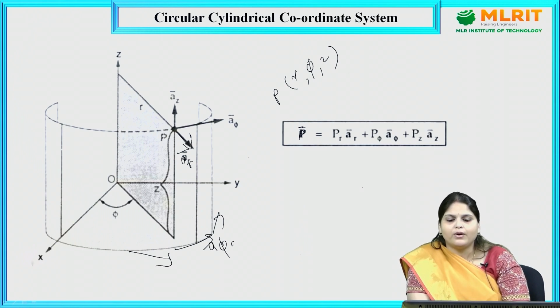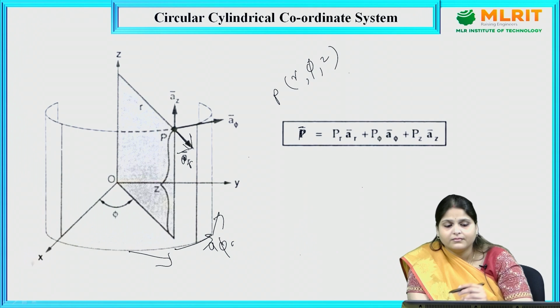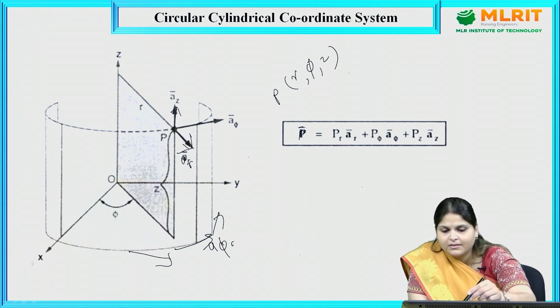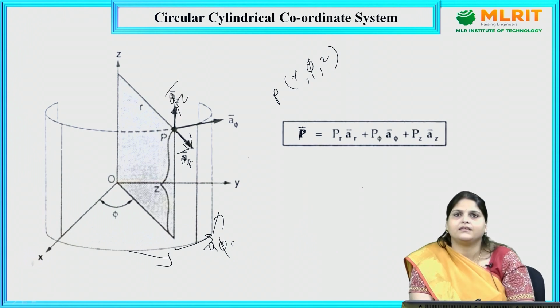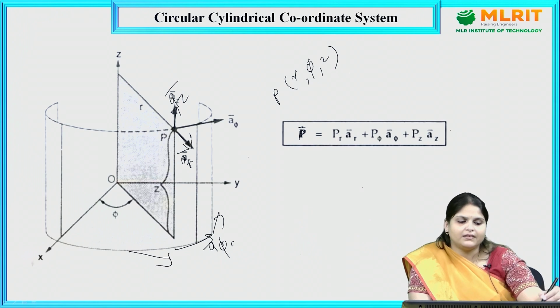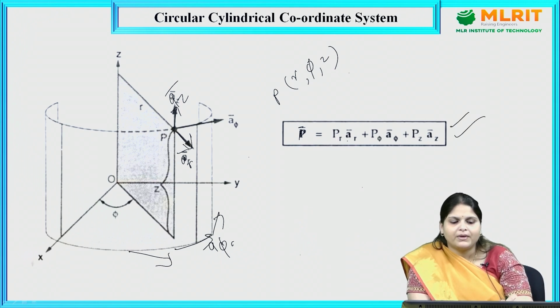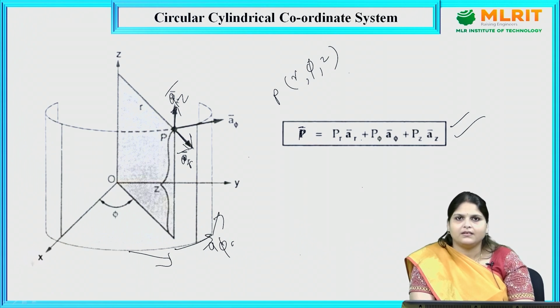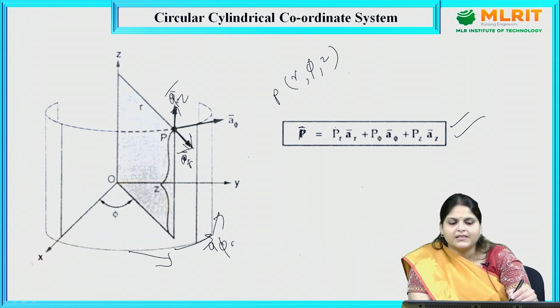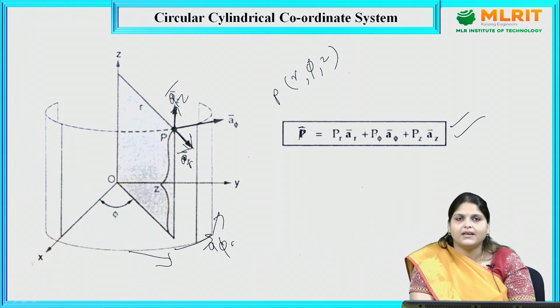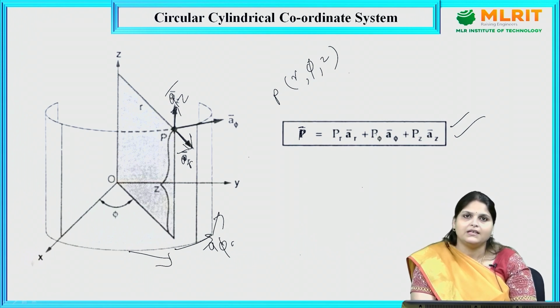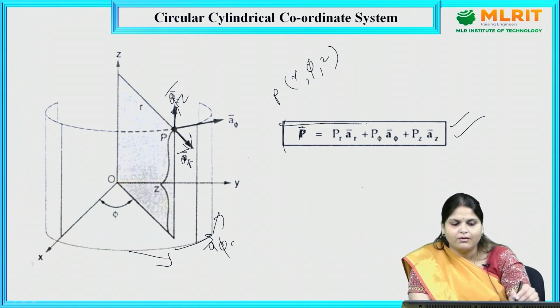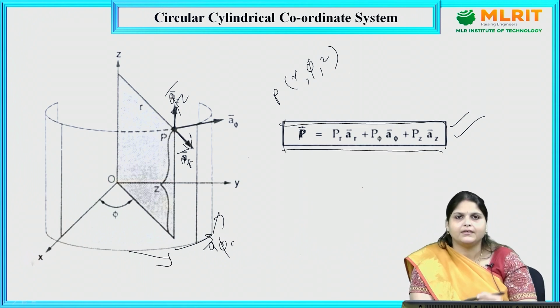And in the Z direction, it would be like this, AZ. So these are the unit vectors, and the equation is P = PR AR + P phi A phi + PZ AZ, where PR is the component in R direction, P phi is the component in phi direction, and PZ is the component in Z direction. So this is the vector P.